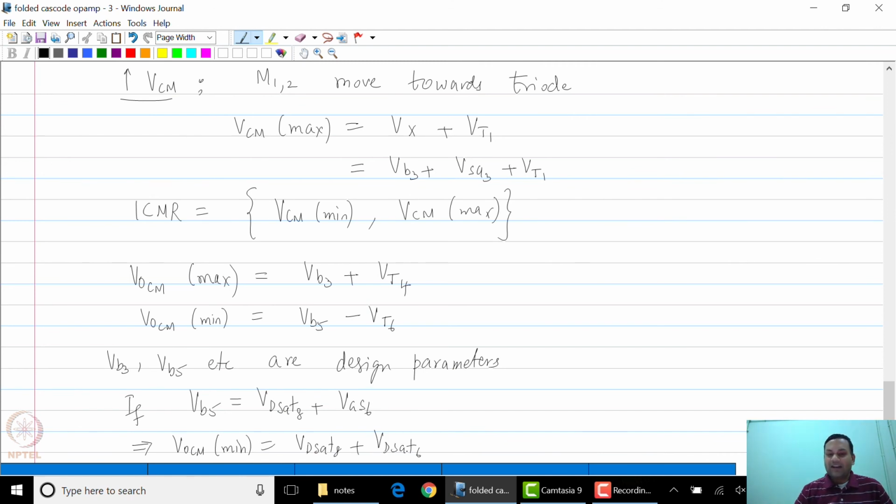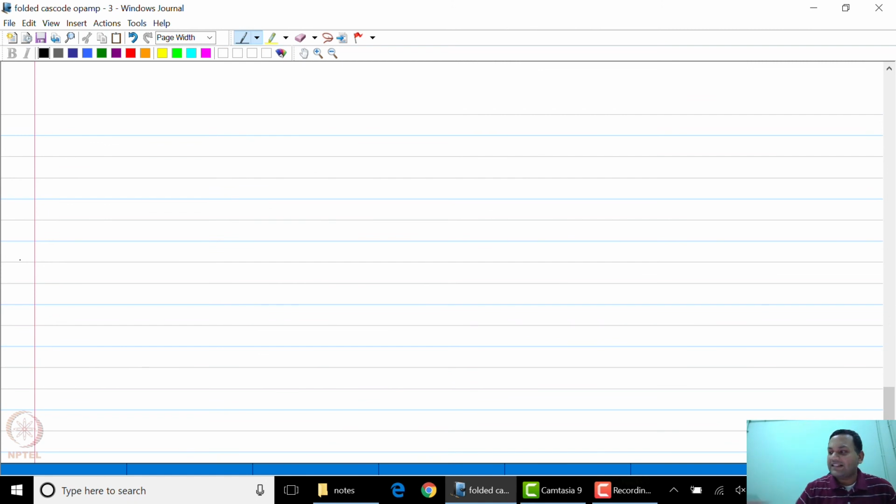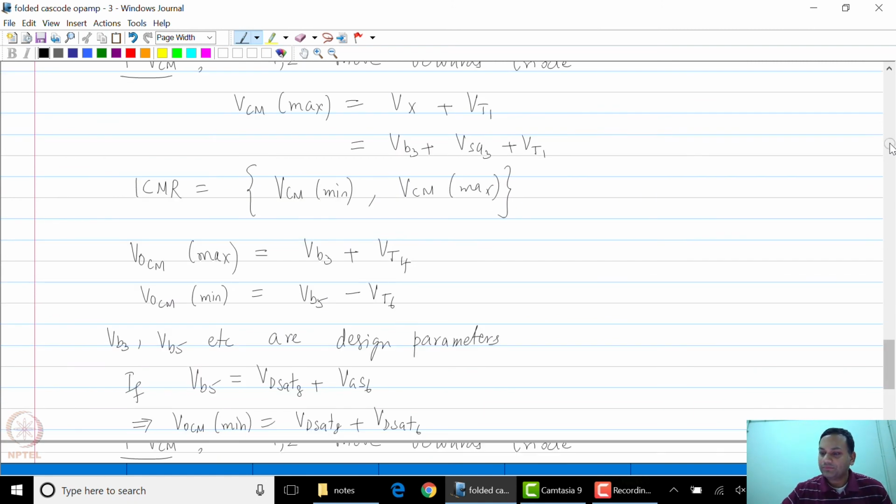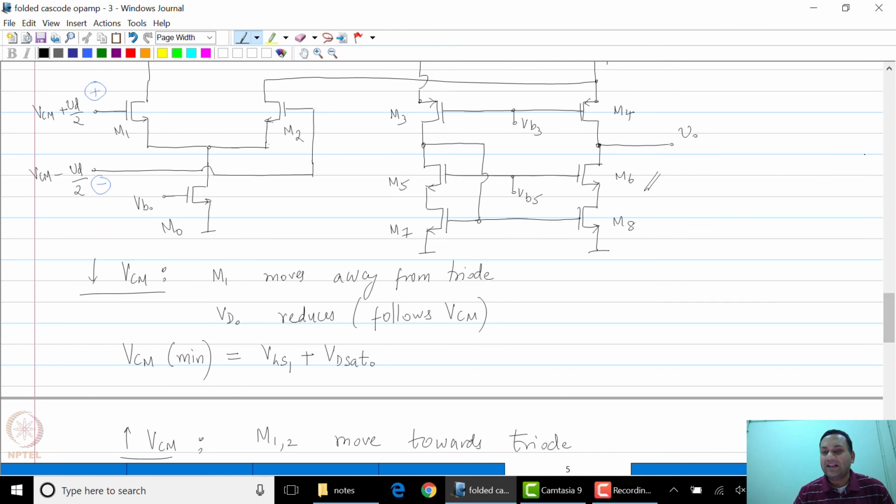So clearly VOCM min can be very low as long as the bias voltages are chosen appropriately. Similarly, VOCM max can be as high as VDD minus VDSat10 minus VDSat4.